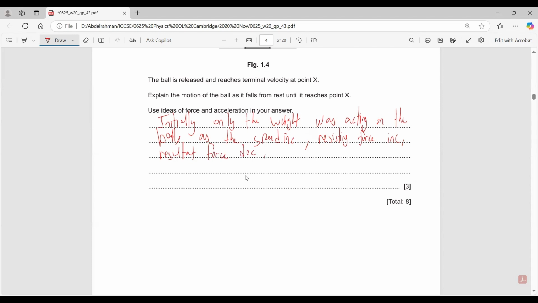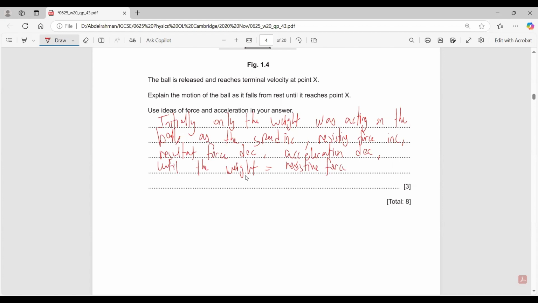Resultant force keeps on decreasing, which is the force that accelerates the ball. Force equals ma. Resultant force decreases, and acceleration also decreases until which point? Until point x. What happens until the weight is equal to the resistive forces?